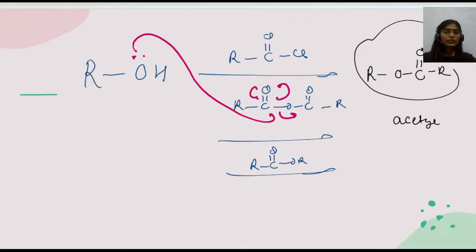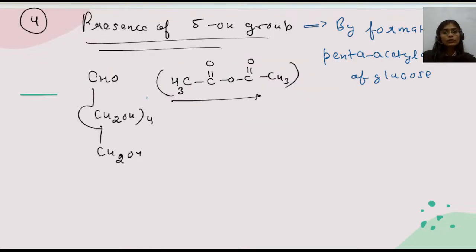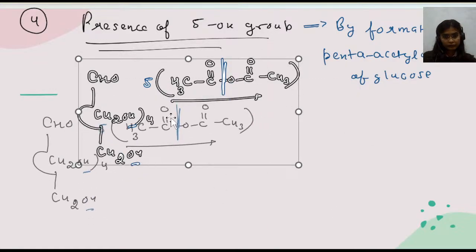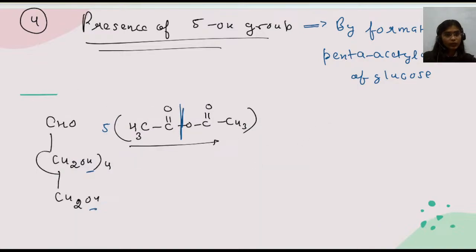Let's go back again. If you observe the 4 OH here and the 1 OH here, the anhydride is present and we are using 5 times of it, so this portion combines with every OH. Let me write how it looks. The CHO group will remain the same, CHO is not going to be touched.